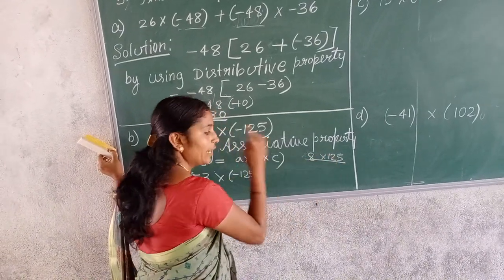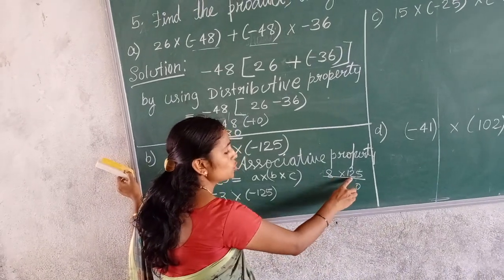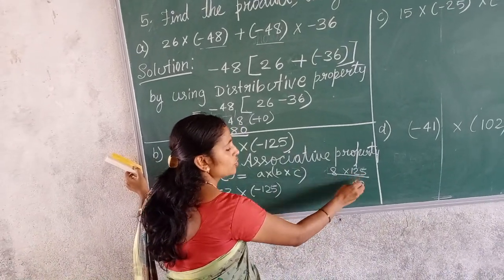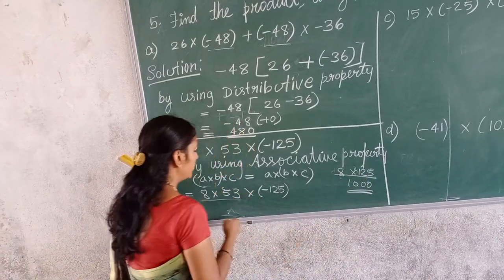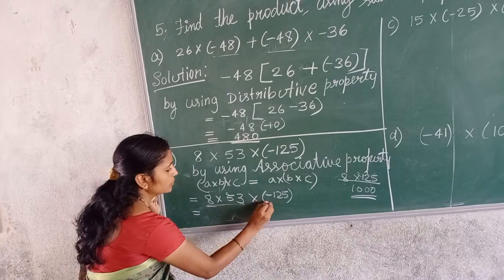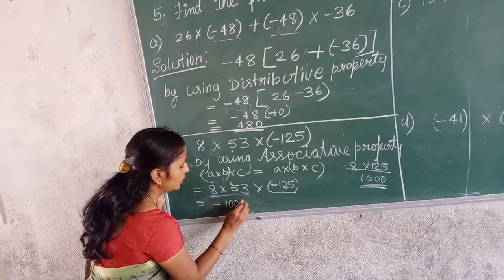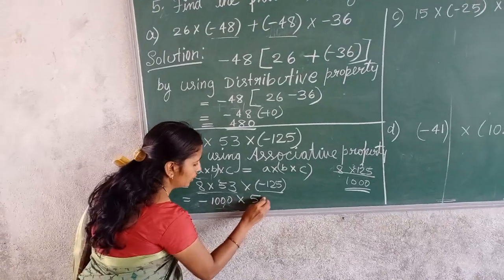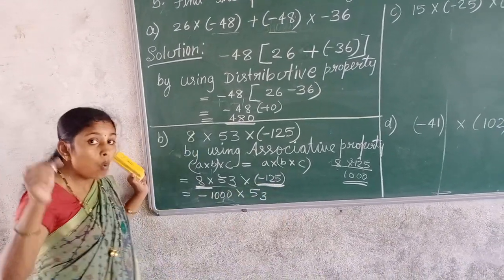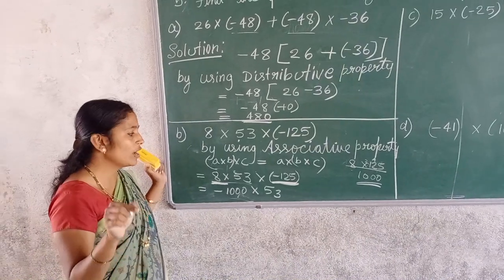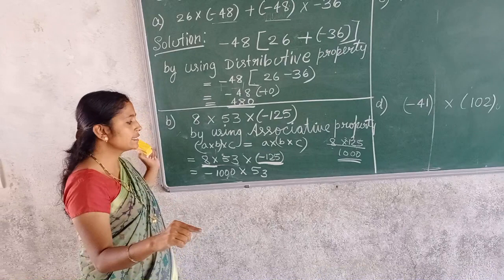You are going to get 1000. 8 fives are 40, 8 twos are 16 plus 4, 20, 8 ones are 8. So you are going to get 1000. So you multiply minus 1000 into 53. First I multiplied 8 and 125. Why? To make your multiplication easier.